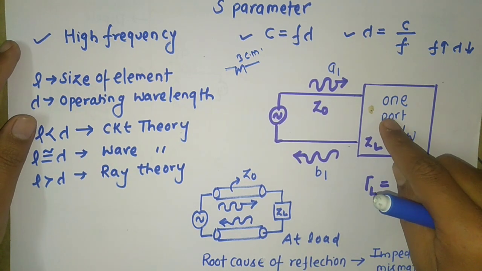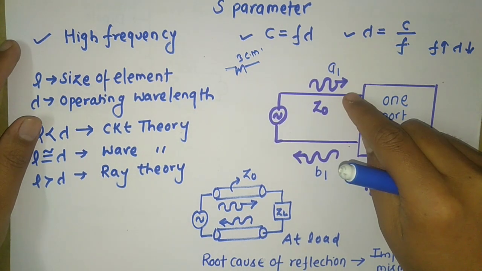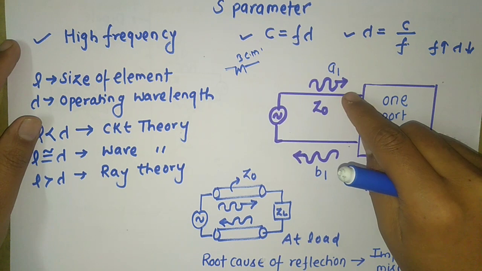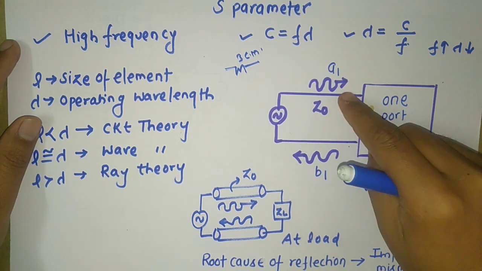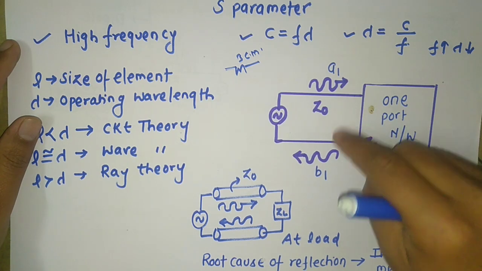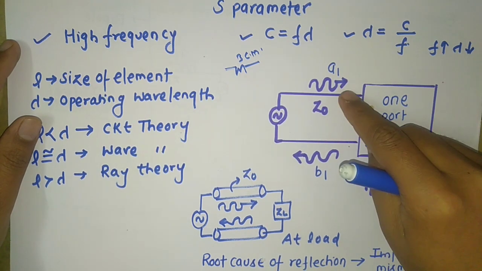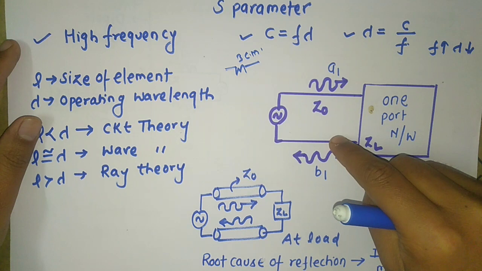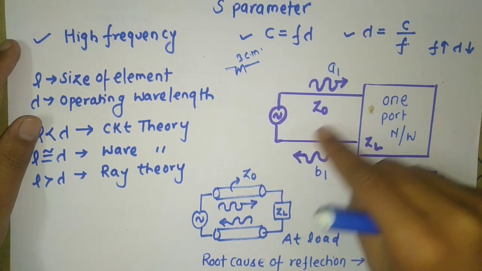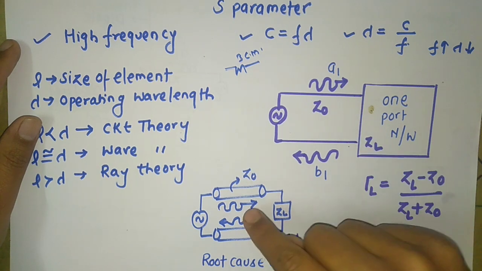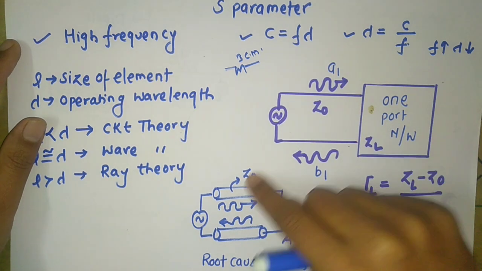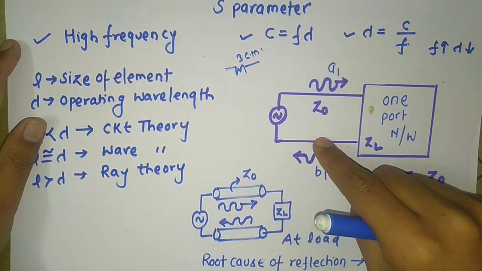Similarly here, this is one conductor, this is one conductor. You can say this section is behaving like a transmission line. Compare this structure with a transmission line. This is one conductor, this is another conductor.